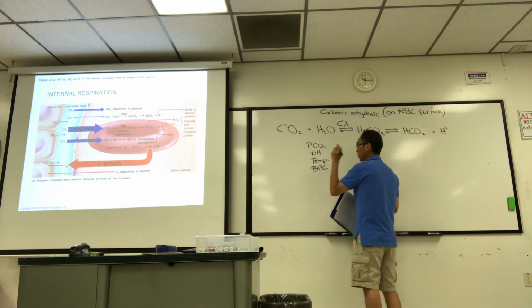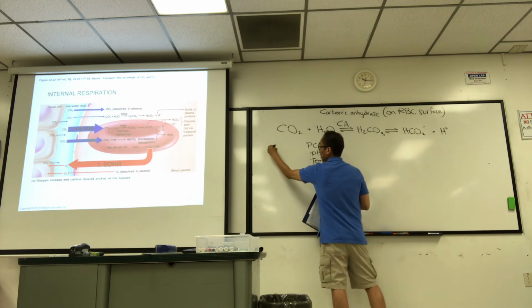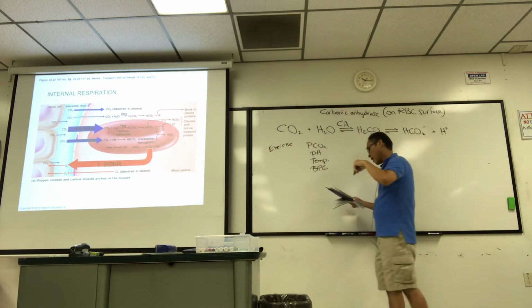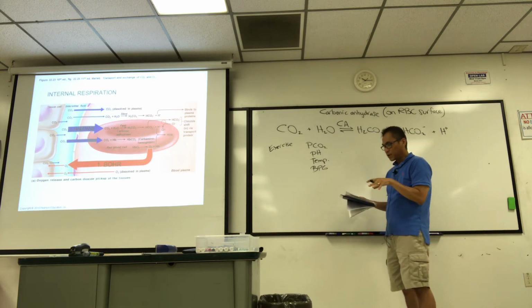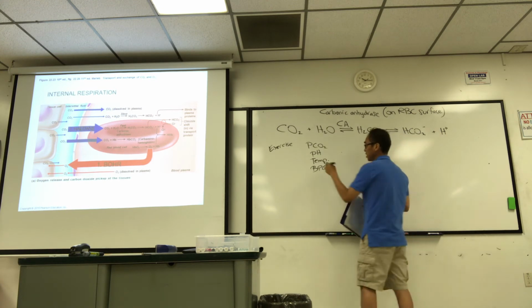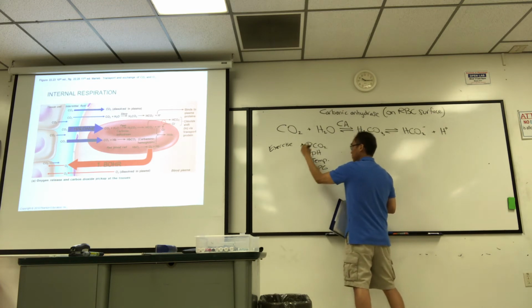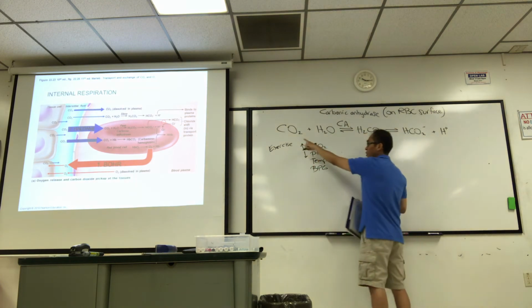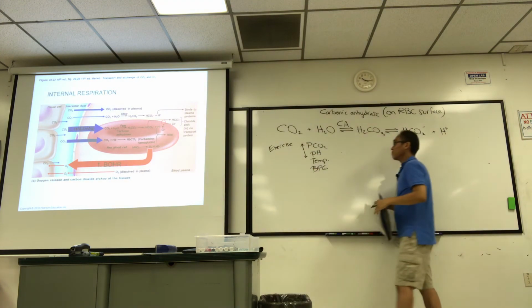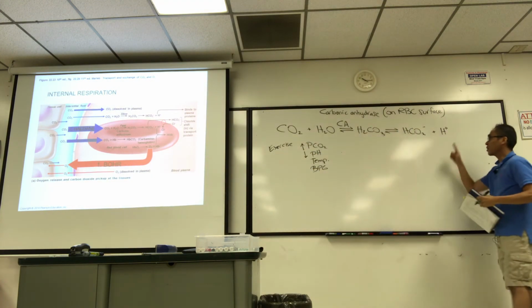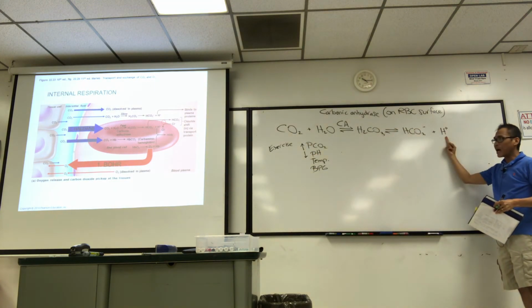What I was saying is that during exercise, all of these values, compared to the condition of rest, change in a way that PCO2 increases, which drops the pH. Now you see why. If you push this equation over here, you contribute more hydrogen ions.